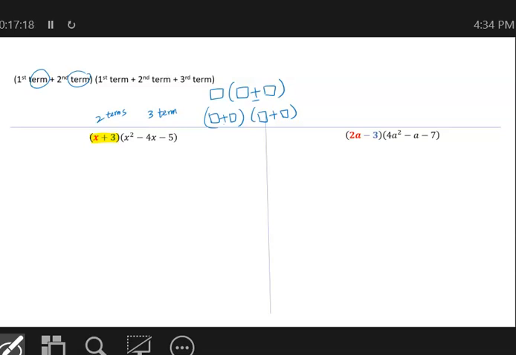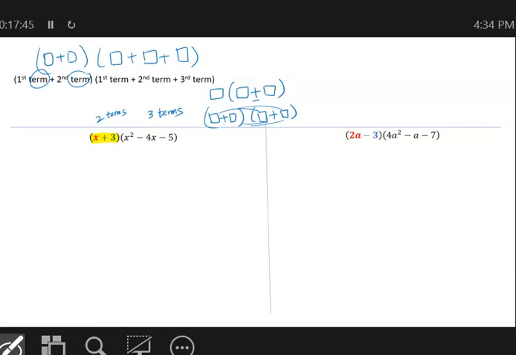So here we have two things in the first box, but three things in the second box. And FOIL will not work because FOIL only applies to two items times two items. So if we have two items times three items, we're going to have to go back to the distributive property.